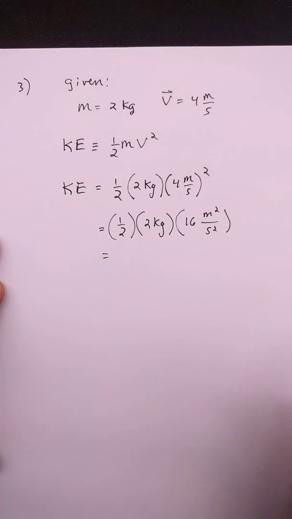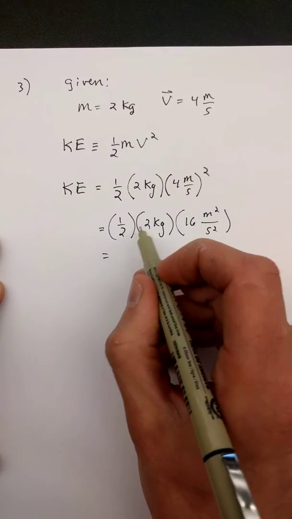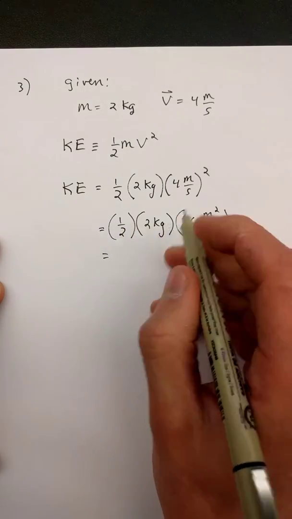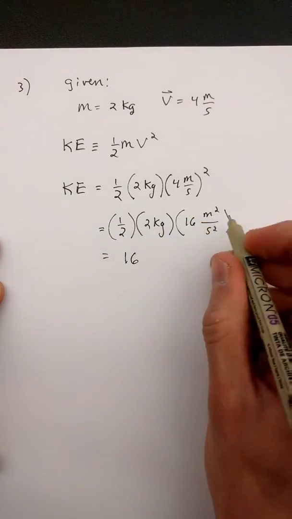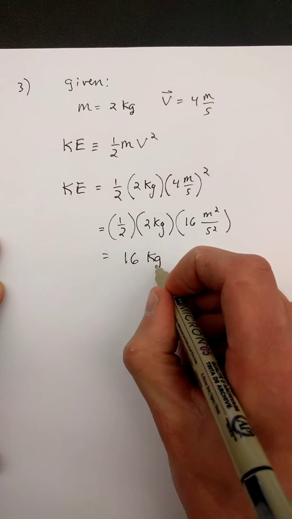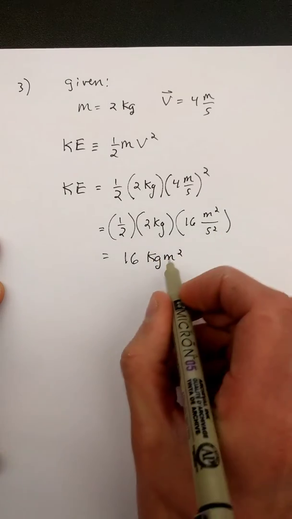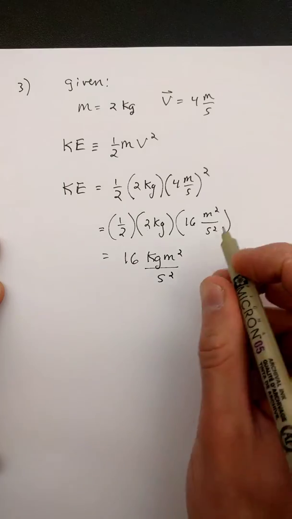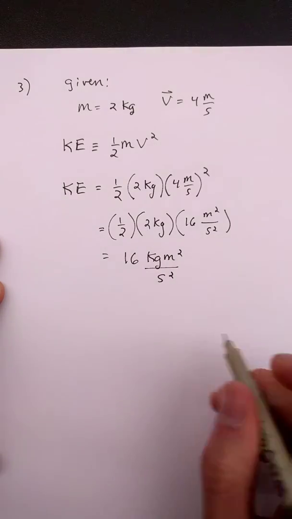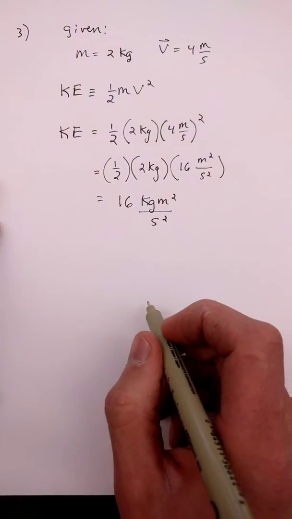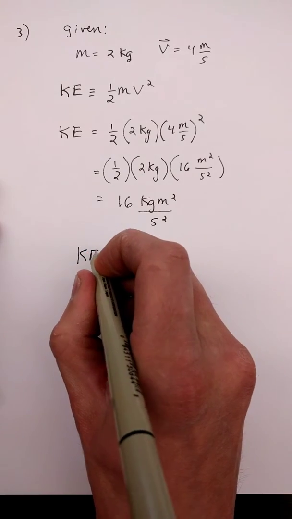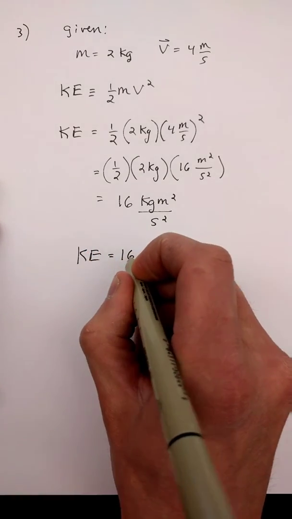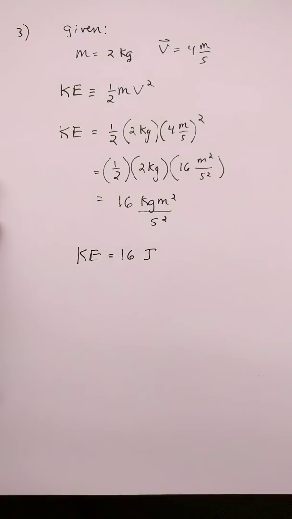So we have 2 over 2 for 1, so we get 16. Now unit-wise, the numerator, kilograms, meter squared over second squared, there it is, the definition of the joule. So this thing has kinetic energy of 16 joules.